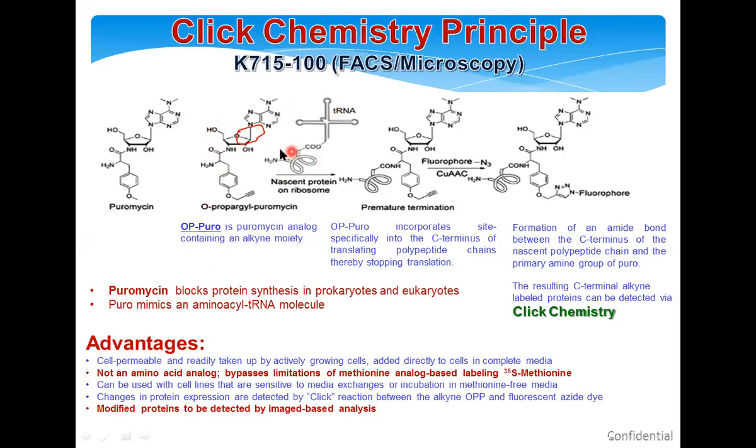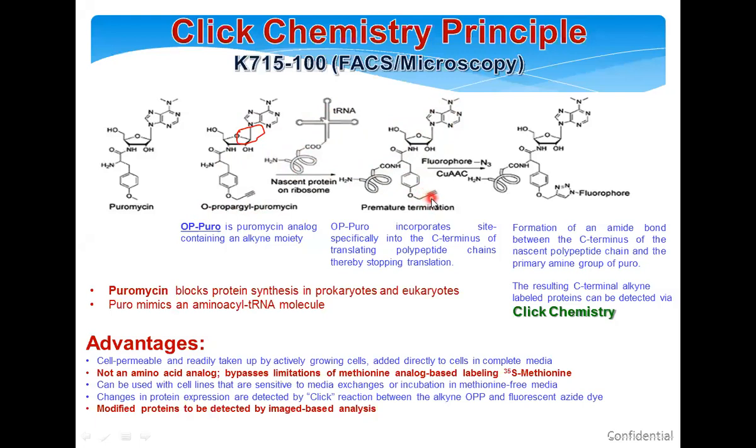So this is a newly synthesized nascent protein on the ribosome and the tRNA. Since puromycin mimics aminoacyl tRNA, our puromycin analog is going to replace the tRNA, and this is the new protein, as you see, with the NH2 primary amine group. The tRNA is now replaced with our puromycin analog, attached to the protein with that alkyne group.